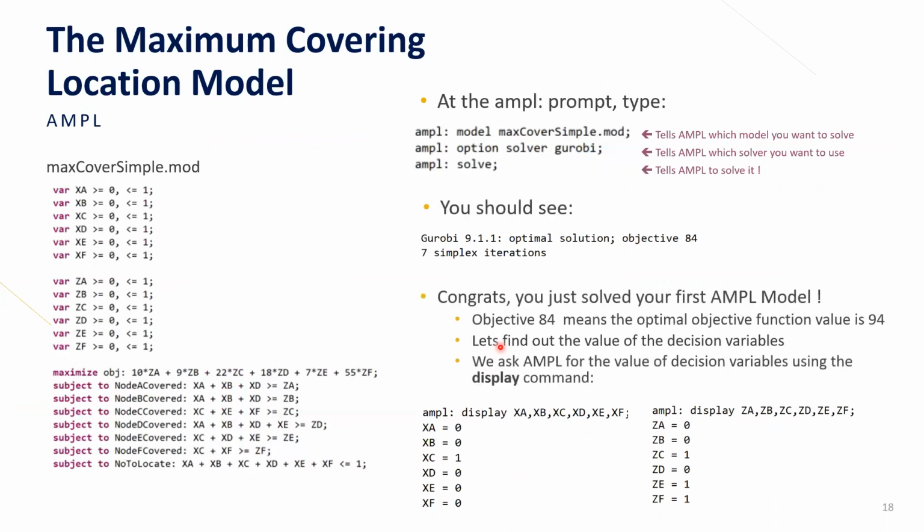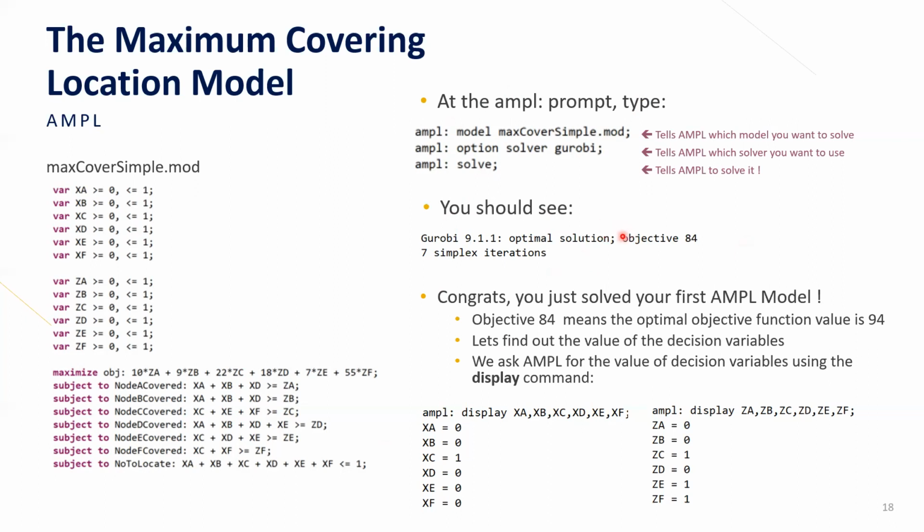Then we can start solving this model. We will have here maximum coverage simple.mod, and then we try this. I created a new file for the simple version of the maximum coverage problem, and we will see the result looks like this: 84.